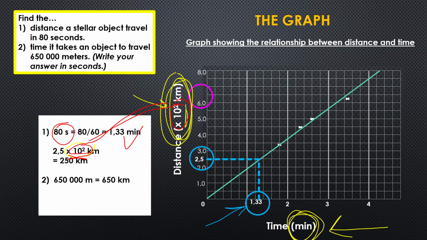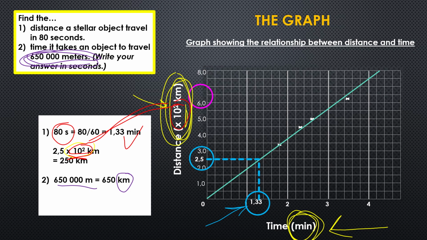They ask us to find the time the stellar object takes to travel 650 meters. How long will it take this stellar object to travel 650 meters? Again, we don't have meters on our graph, we have kilometers. So 650 meters is equal to 650 kilometers. Again, on our graph, the scale only runs from 0 to 8.